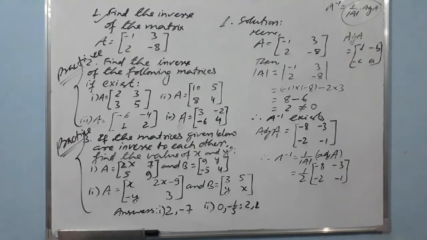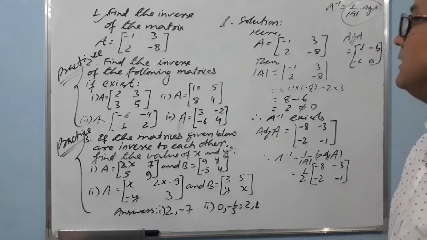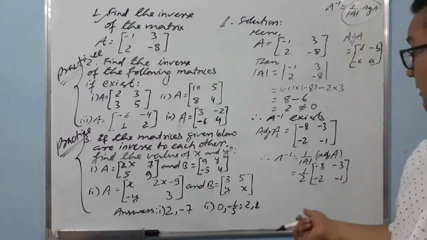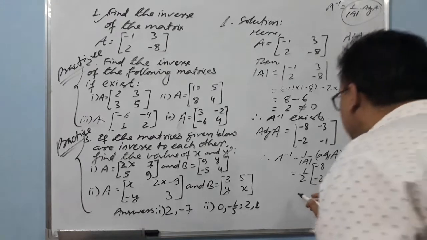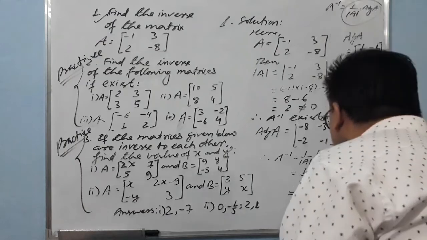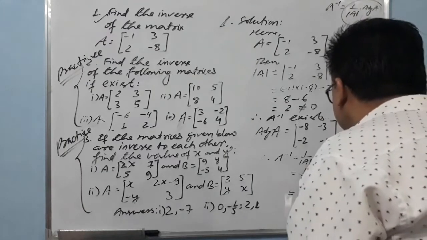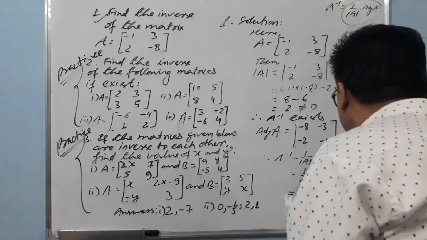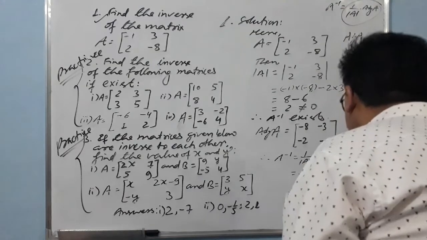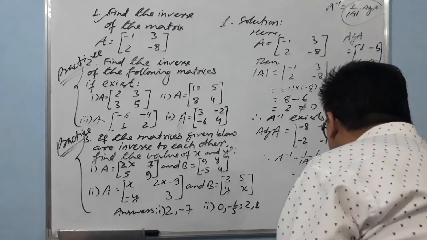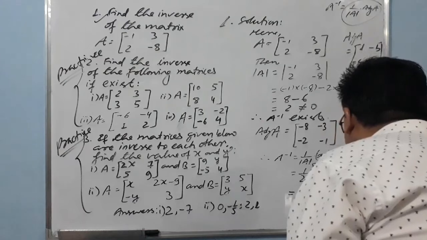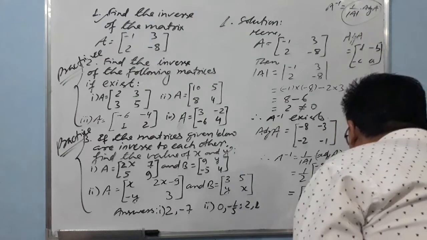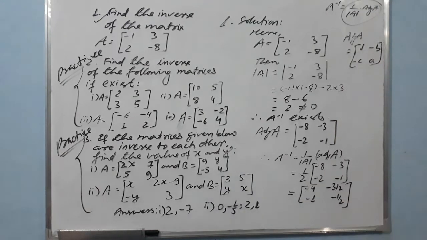Today we understood how to find A inverse with the help of the formula. If you want one more step, you can multiply by half: half times minus 8 is minus 4, half times minus 3 is minus 3 by 2, half times minus 2 is minus 1, and half times minus 1 is minus 1 by 2. Otherwise, this is also absolutely correct, no problem.